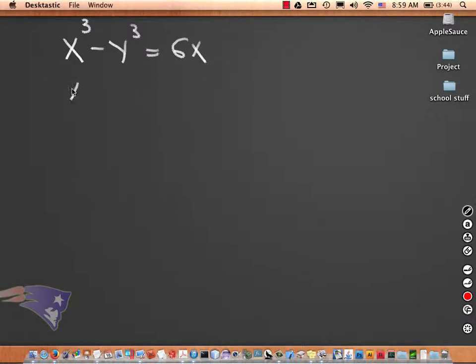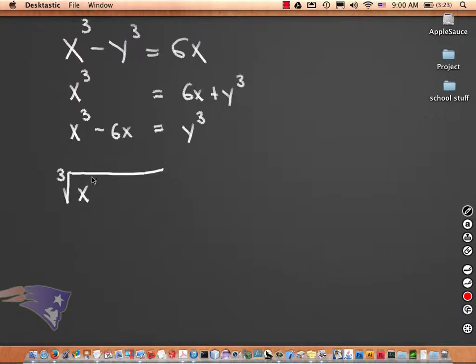Okay, so that means that x cubed would equal 6x plus y cubed. 6x to the other side, so x cubed minus 6x equals y cubed. Cube root. So the cube root of x cubed minus 6x is equal to y.